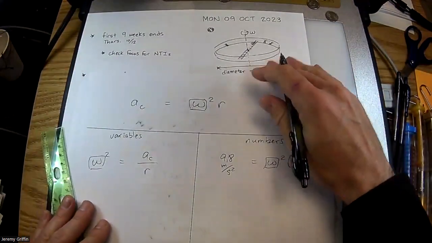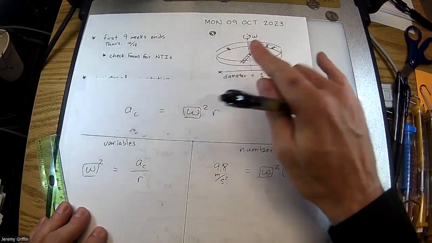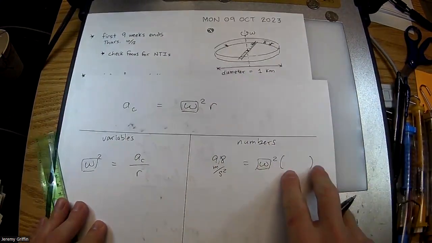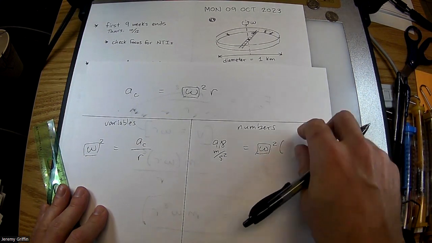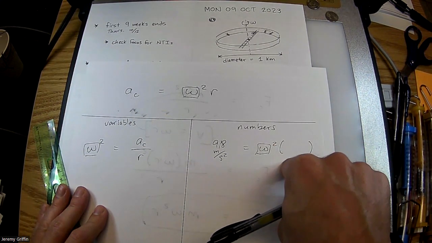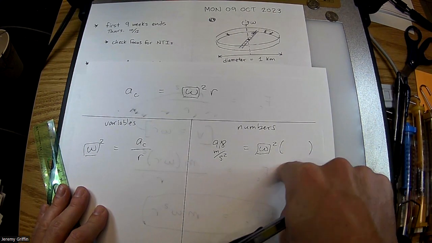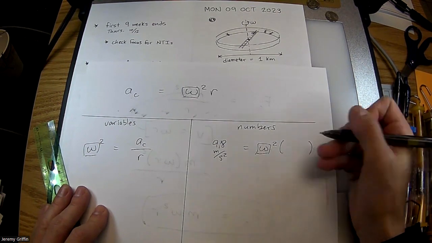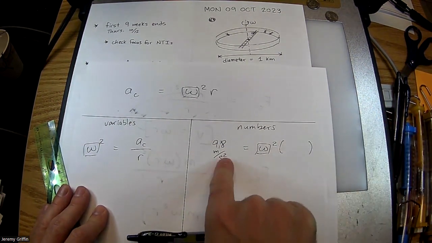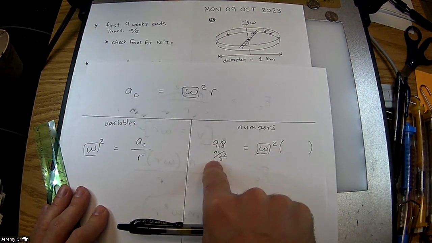Ooh, guys, what is the radius? If the diameter is 1 kilometer, what number should I be typing in for the radius? Okay, 0.5 kilometers. No, do I want kilometers? 500 meters, right? So I have to have base SI units, because my gravity field is meters per second squared.